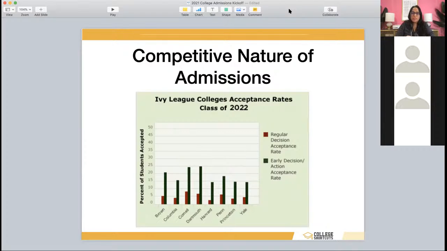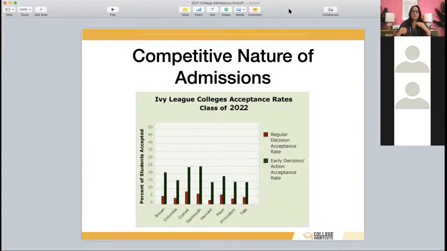As you can see here, the reason I put this chart up is to show my procrastinators, or the ones that are unsure about when to apply, or the perfectionists out there that want to keep editing their essay till regular decision, that that may not be the best decision.